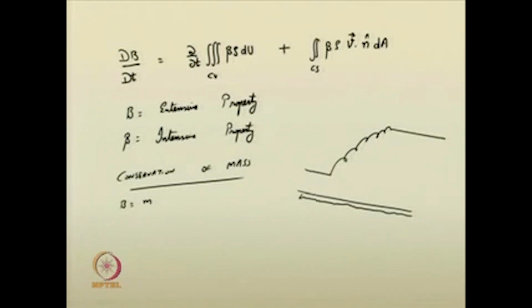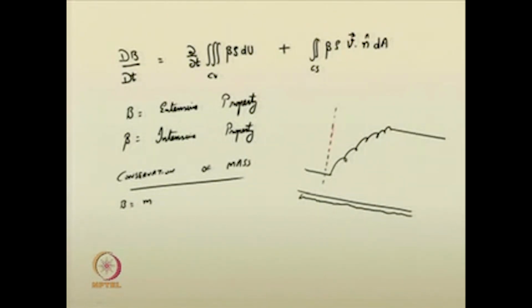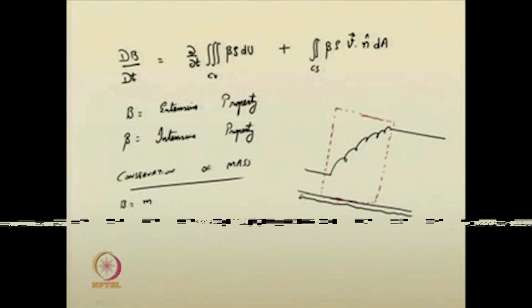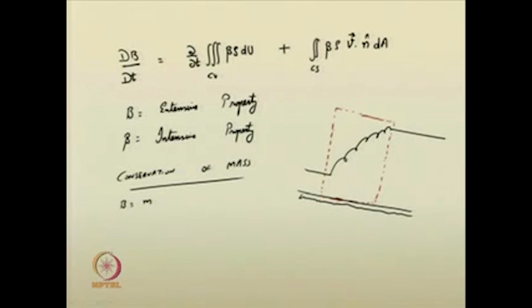In this hydraulic jump, I am going to consider the control volume in the following form, enclosing the hydraulic jump. In open channel flow we predominantly consider the flow as one dimensional in the flow direction. Therefore, this control volume has only two surfaces which allow flow through it, on the left side and on the right side.